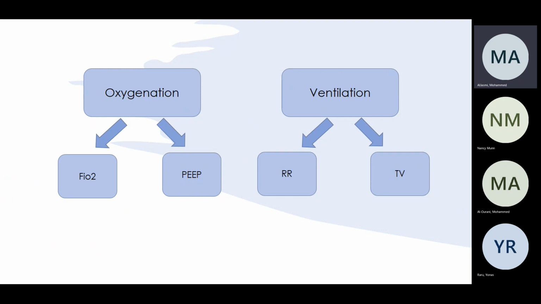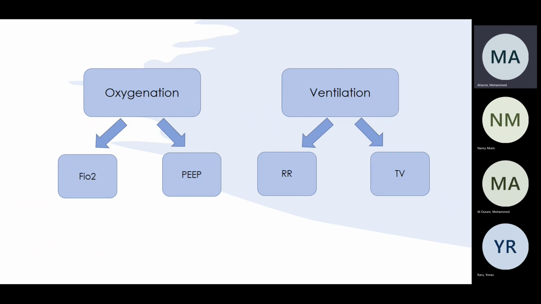If I have a problem with ventilation and you don't have a good tidal volume, you don't have sufficient volume going to your lung to give you proper oxygenation as well. And the opposite is the same: if I give you a lot of FiO2 but I'm not putting you on an appropriate tidal volume and respiratory rate, that will affect your lung mechanics and your oxygenation and ventilation.